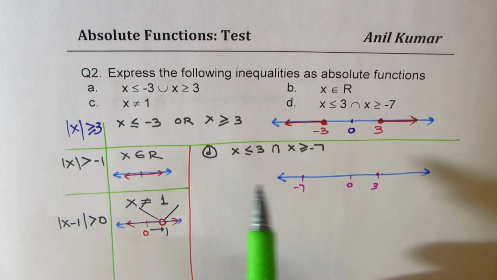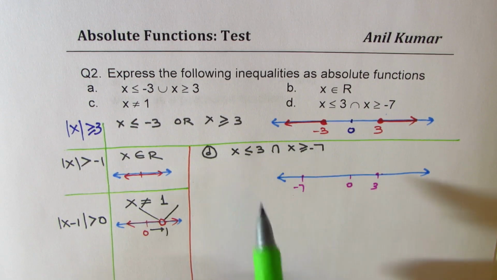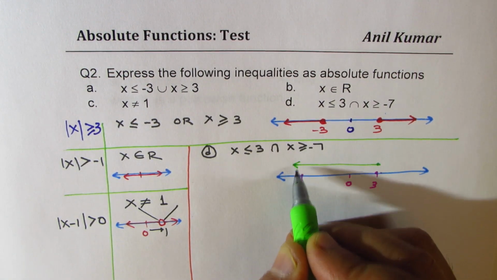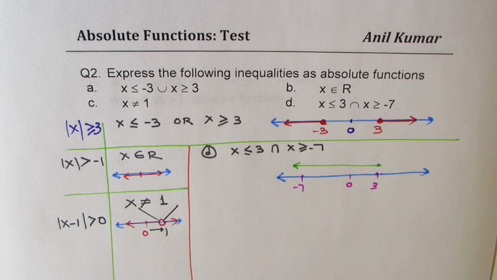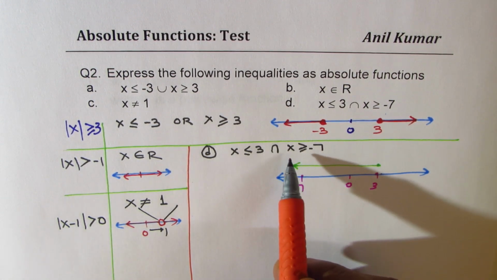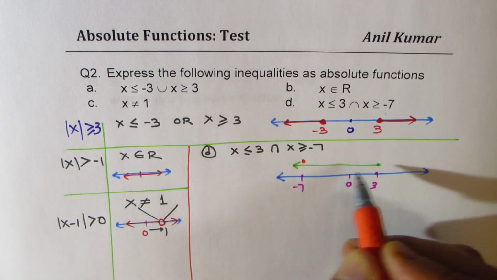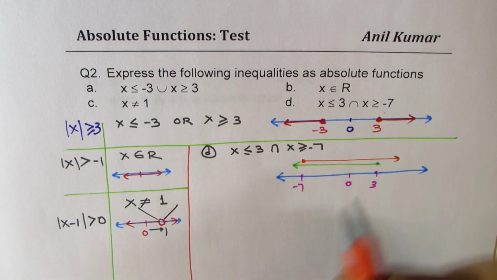Now what we have here is x is less than or equal to 3. That means from 3 everything left. Now we are saying that x is greater than or equal to minus 7. That means from minus 7 everything right.